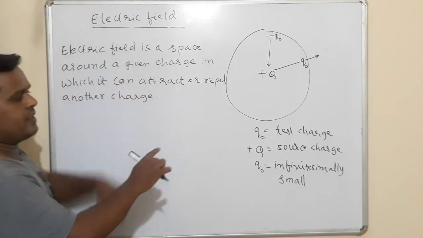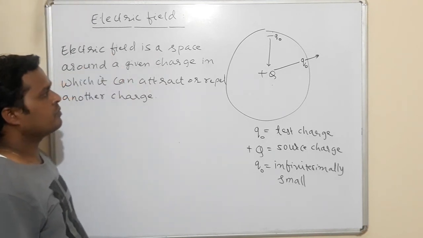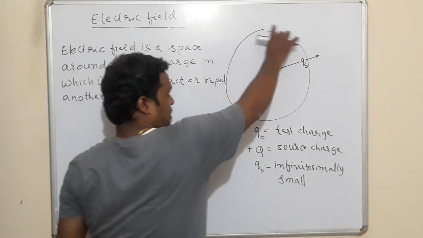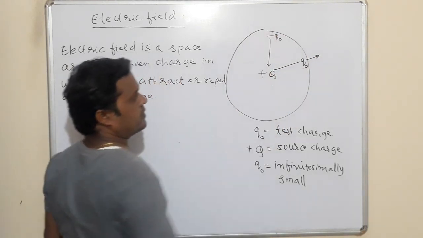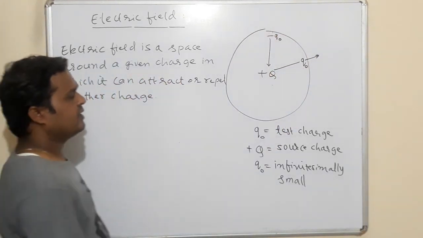This space is called electric field. The entire space which is developed, within which it can influence another charge, is called electric field.